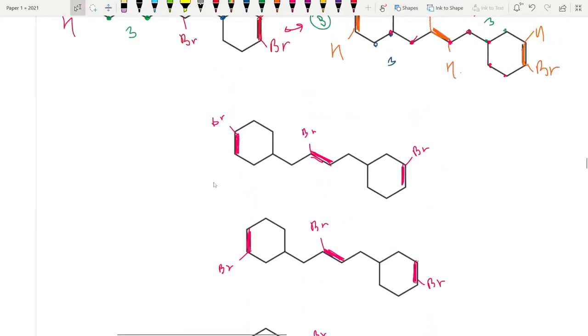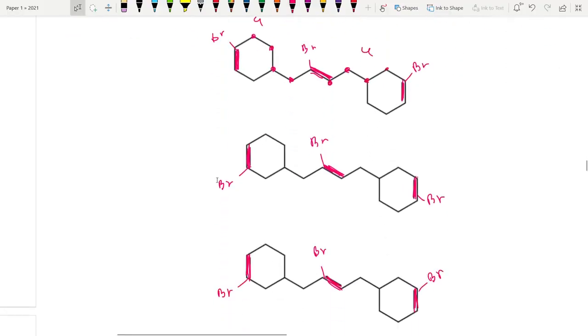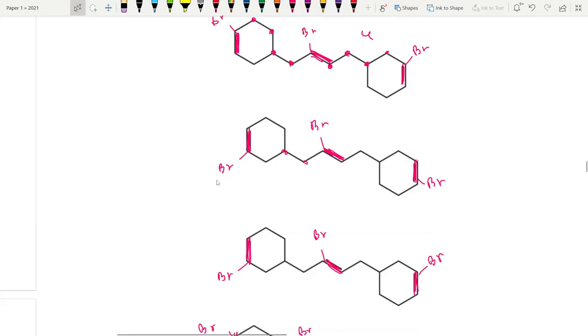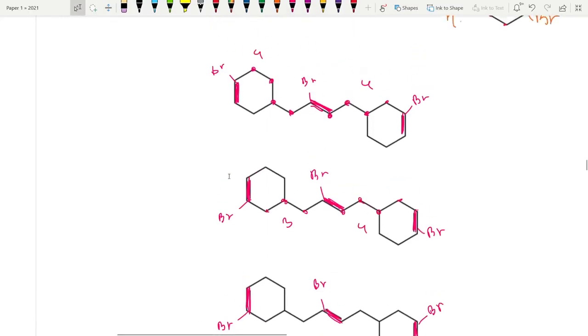So check this out. I'm going to see the proximity on the left and right hand side. So 1 2 3 4, shortest distance. Then 1 2 3 4, 4 4. Next 1 2 3, 1 2 3 4, 3 4. So 4 4, 3 4.